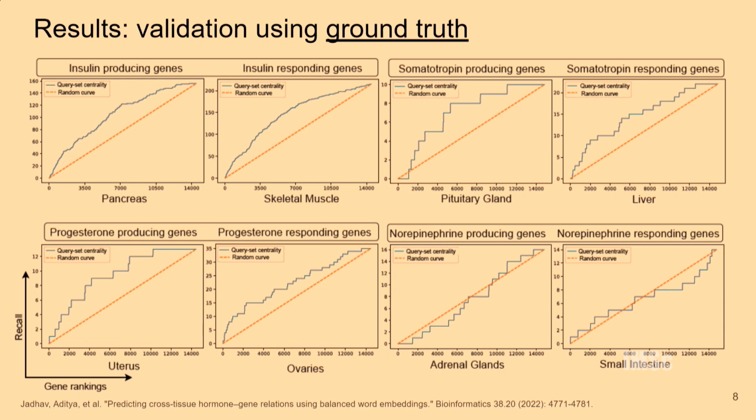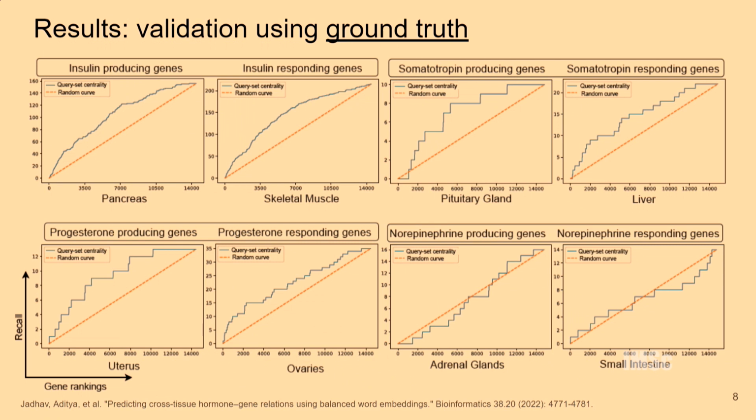So we want a large number of genes on either side to predict one or the other. Here you can see the y-axis goes to 160, but in some of the hormones it goes to 16 and 14. As this number goes low, the performance of our model goes down. So that is one thing that is still open, that if someone of you wants to take it, I'll be happy to discuss.